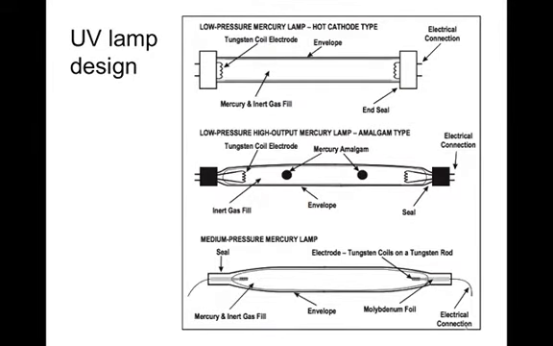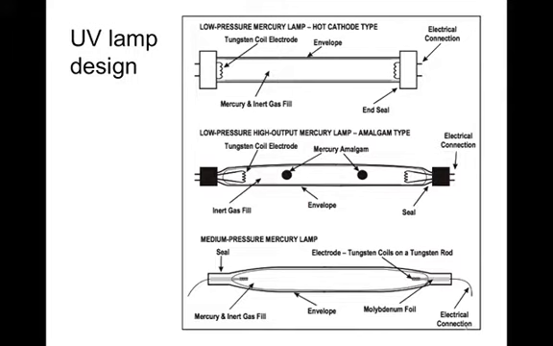Just going back to the lamp slide one more time, I just wanted to point out that the UV lamp technology is actually very similar to fluorescent lamps. Fluorescent lamps are also based on low pressure mercury, and the difference is that the sleeve is different.